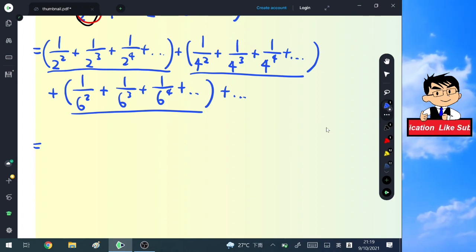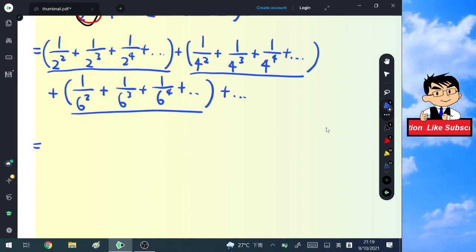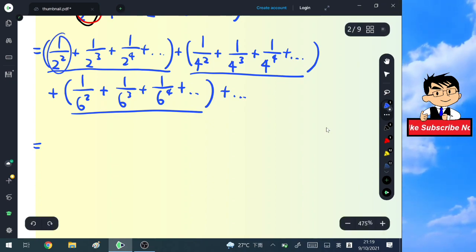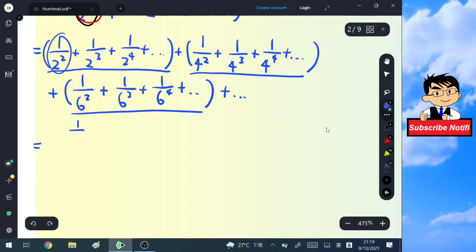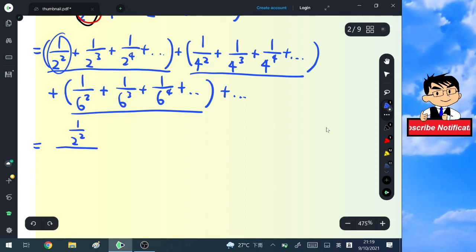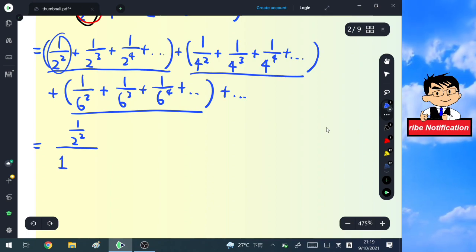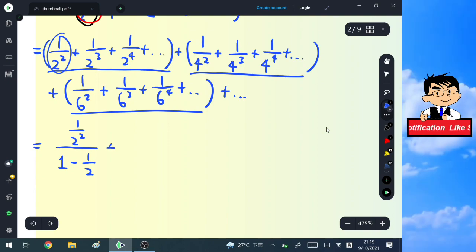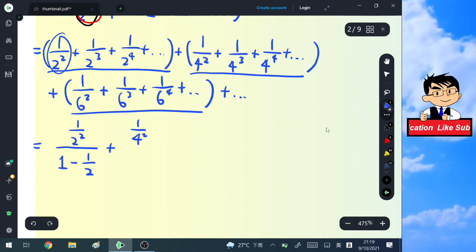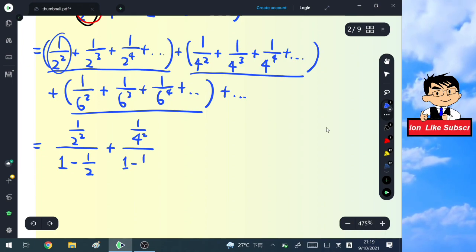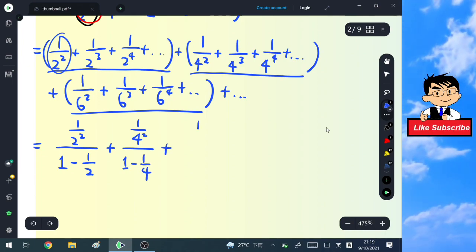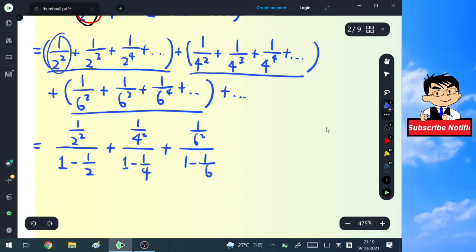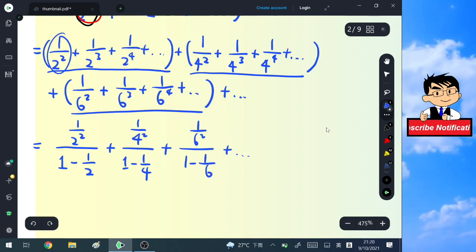So we can use the sum to infinity for the geometric series. We have the first term, which is 1 over 2 squared, and we write it on the numerator: 1 over 2 squared over 1 minus the common ratio, which is 1 over 2, plus, for the second sum, 1 over 4 squared over 1 minus 1 over 4. And similarly for the third term, 1 over 6 squared over 1 minus 1 over 6, and so on and so forth.